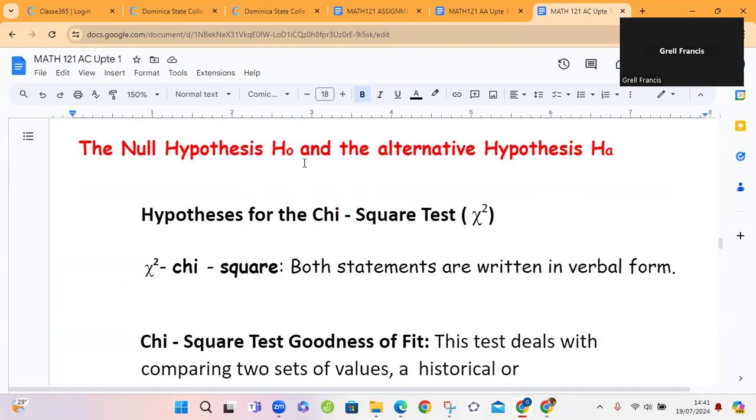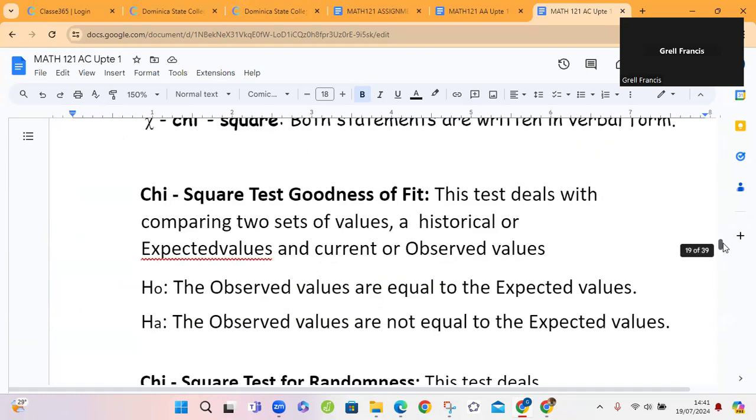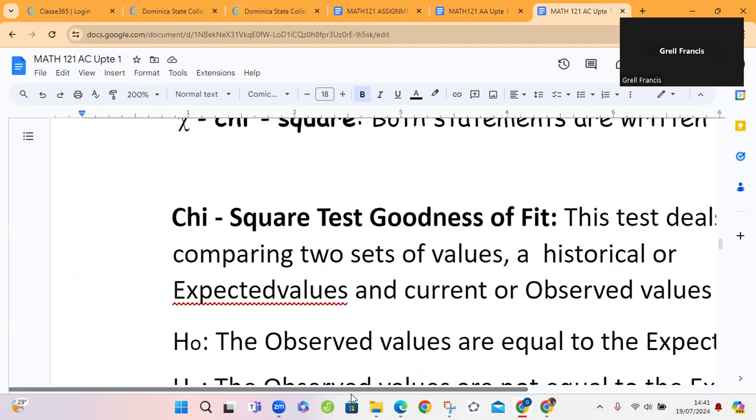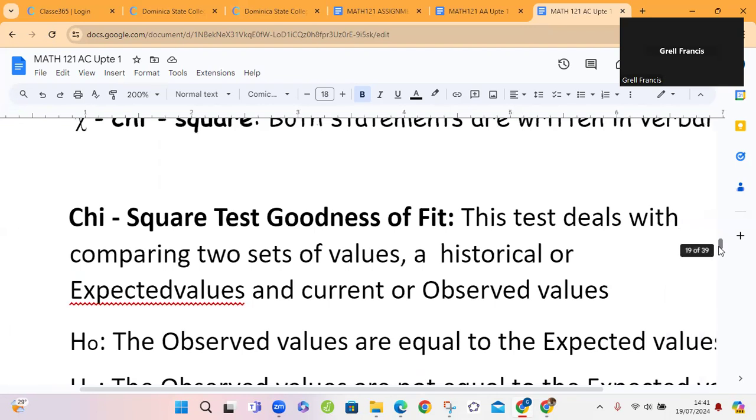For the null hypothesis and the alternative hypothesis for chi-square test, both statements are written in verbal form. So here you have the statements for chi-square test for goodness of fit, or chi-square test for variation. Here is the pair of hypotheses.